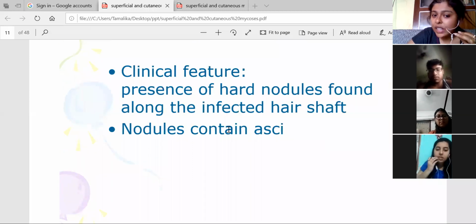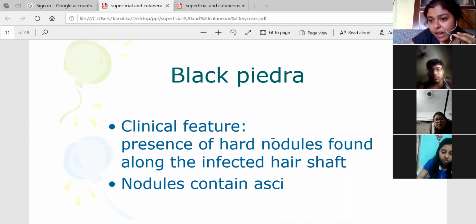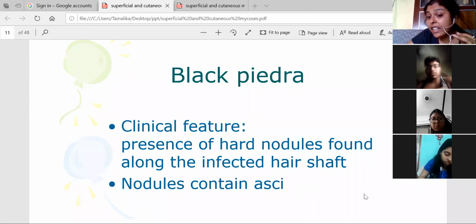So the clinical feature of black piedra is the presence of hard nodules found along the infected hair shaft.